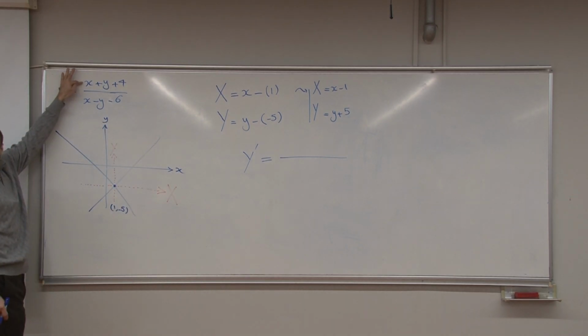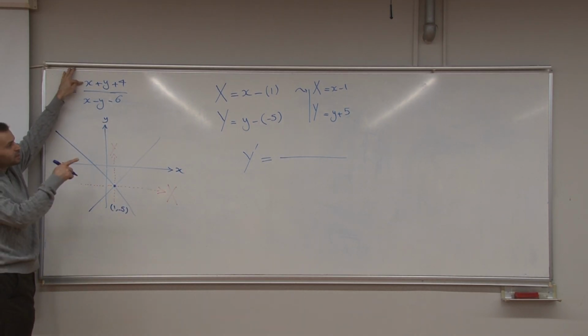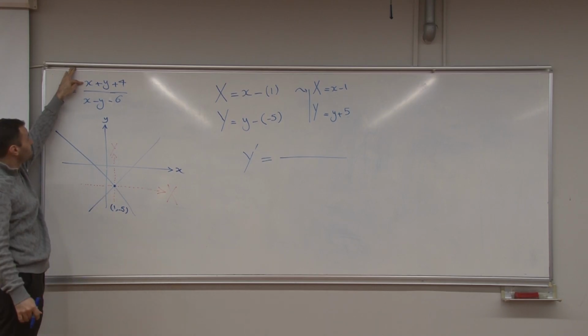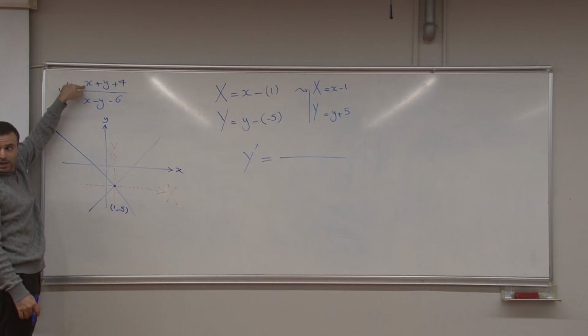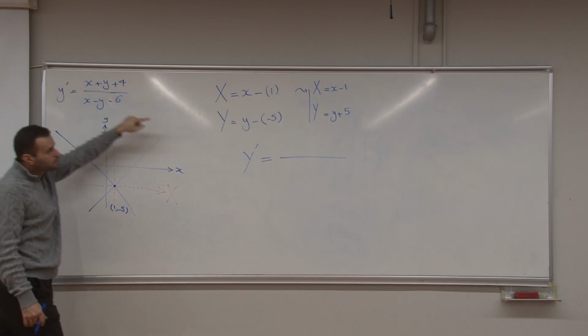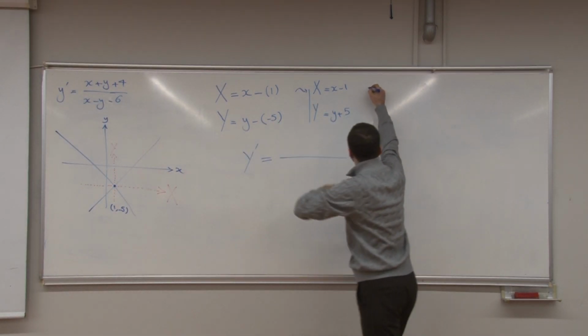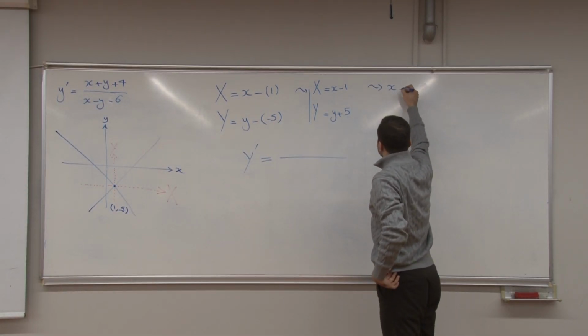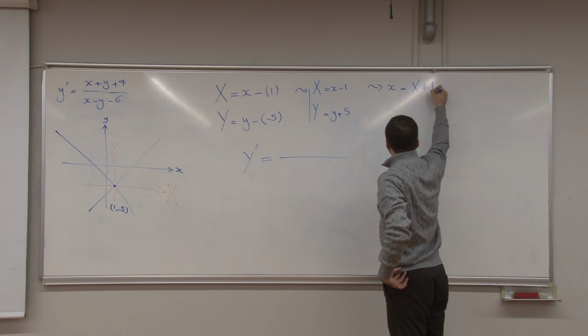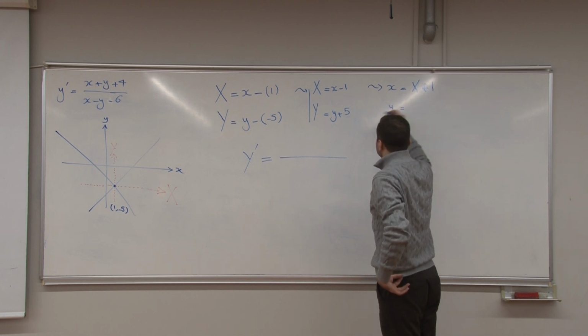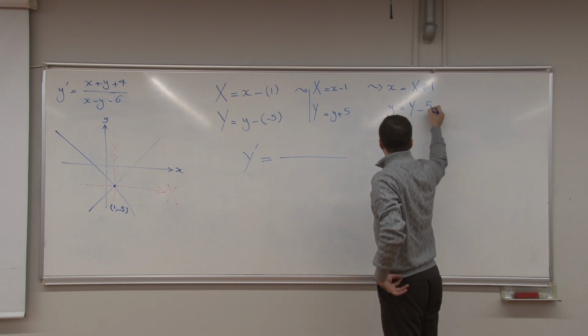This is my old coordinate system. Capital X is my new coordinate system, and I'm trying to turn everything into this new coordinate system. So instead of using small x, what should I write? Small x is capital X plus 1. Small y is capital Y minus 5.